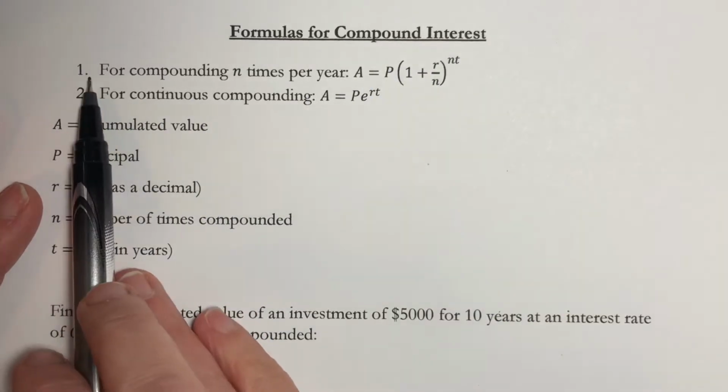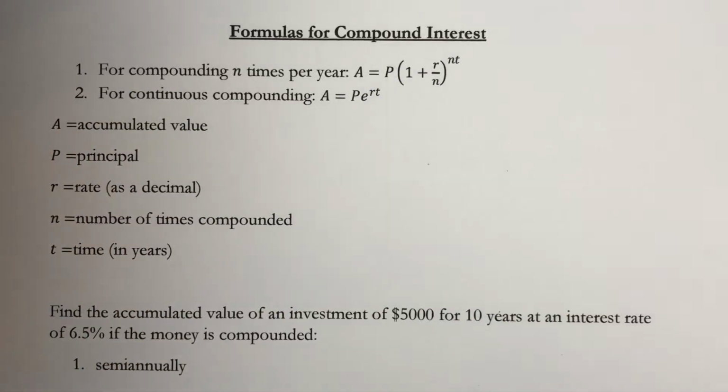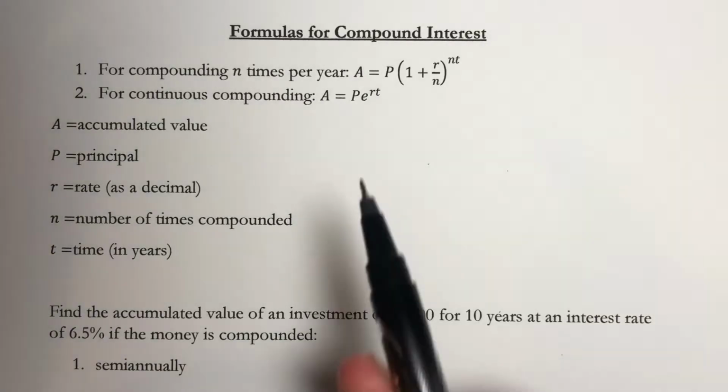Anyway, all right, so formulas for compound interest. If you have your interest in an investment and it compounds n times per year, basically that is saying, like say it's compounded every month, then it takes your balance and figures out a certain percent of interest and then adds it to your bank account. And then the next month, you're going to be getting interest on your previous interest. Okay?